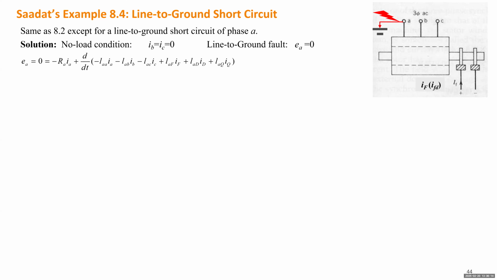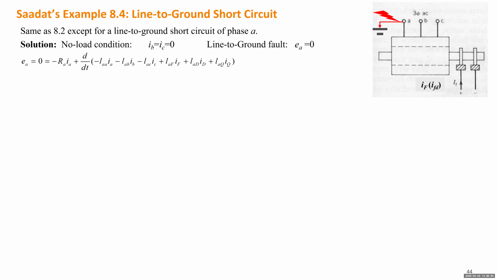Power transformation is useful especially for balanced conditions close to steady state, right? You can simplify. If the system is unbalanced and also not far from steady state, there are not many differences between the equations in the ABC frame or the 0DQ frame.